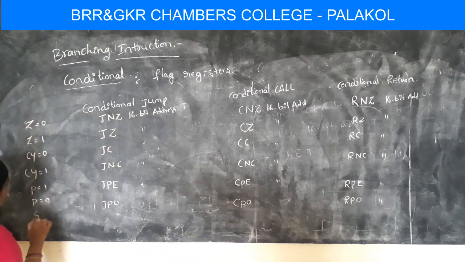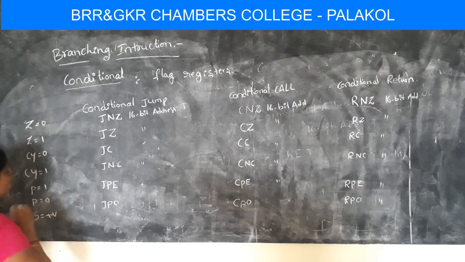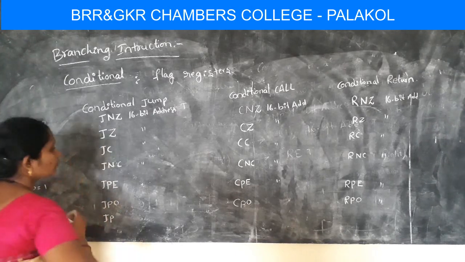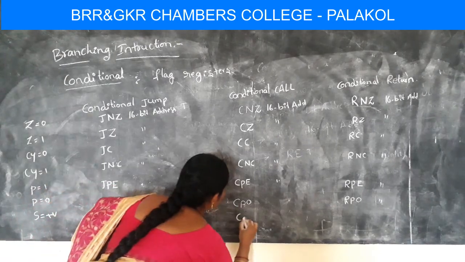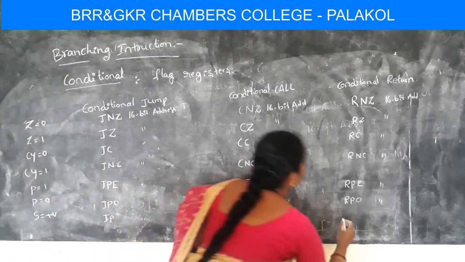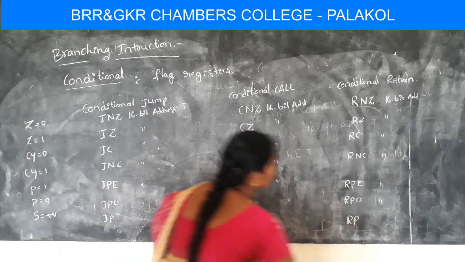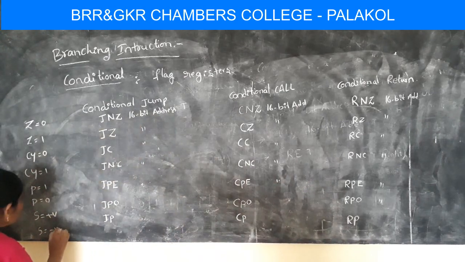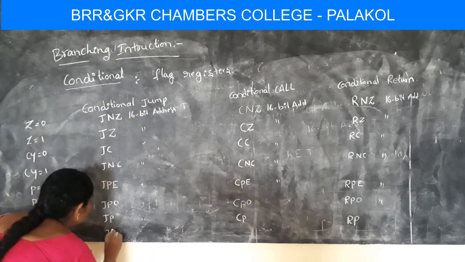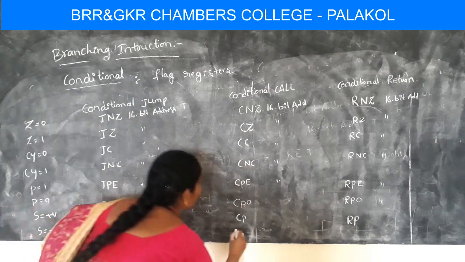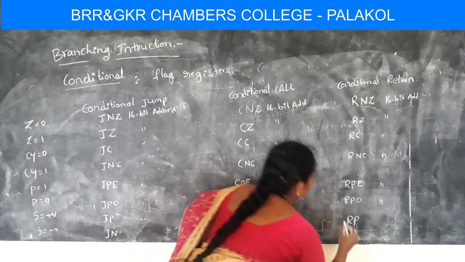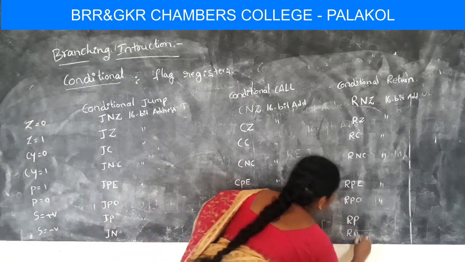Next coming to the sign flag. Here it is positive: jump positive, call positive and return positive. Next coming to S equal to negative: jump negative, call negative, return negative.